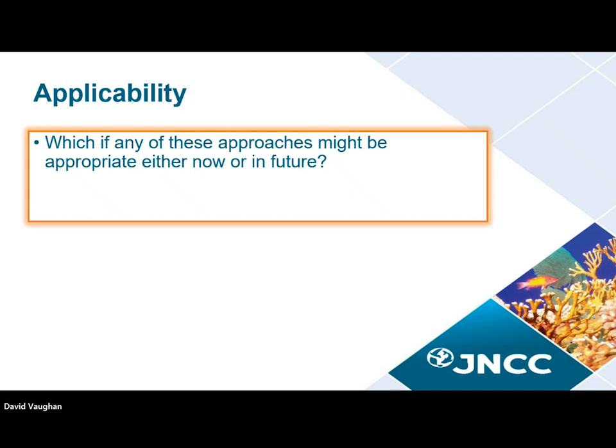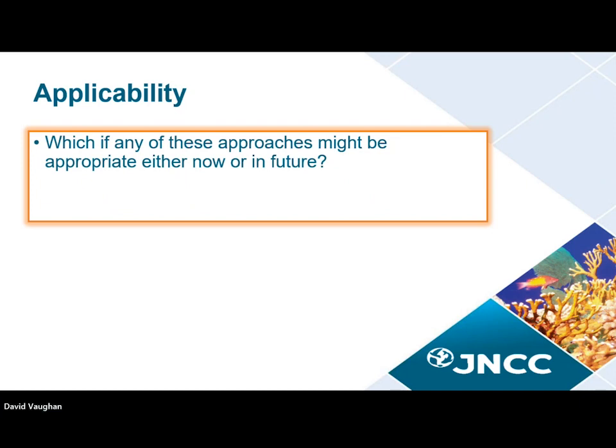And then the final one is the reefs at risk approach, which David just talked about, that uses readily available regional data to model threats on the reefs into the future. I think there's different scenarios. So you could think they could all be useful.